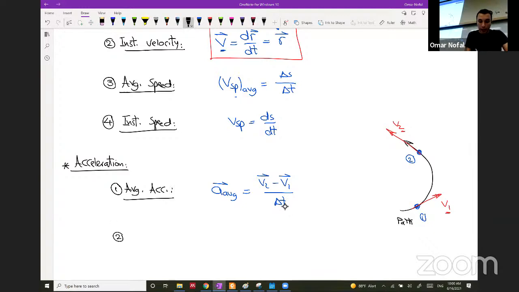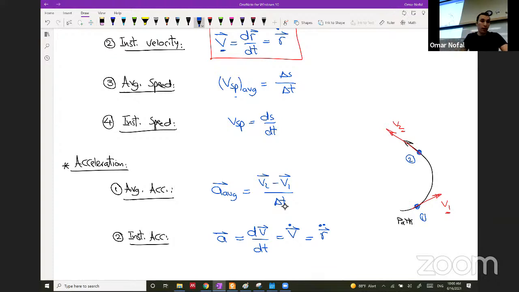So let's get to the second one, instantaneous acceleration. The instantaneous acceleration, which is defined by A, is still a vector quantity. It's the time rate of change of the velocity. We can write it as v dot or r double dot, the double derivative of the position vector.